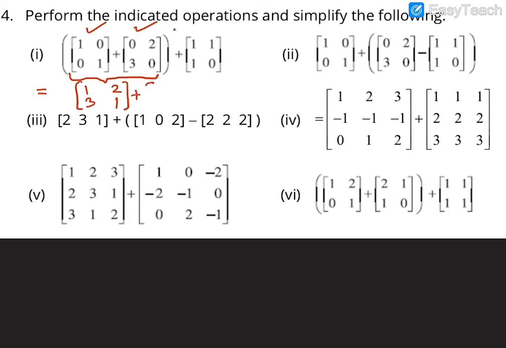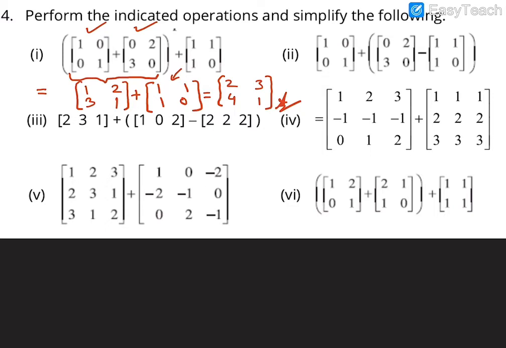Plus 1, 1, 1, 0. This matrix I am writing here. Now add these two. 1 plus 1 will be 2, 2 plus 1 will be 3, 3 plus 1 will be 4, 1 plus 0 will be 1. So this is the answer of this one.